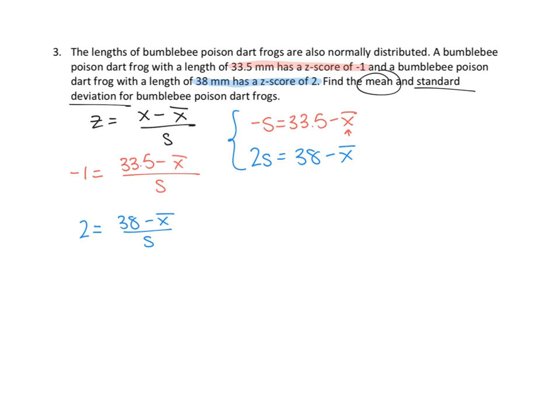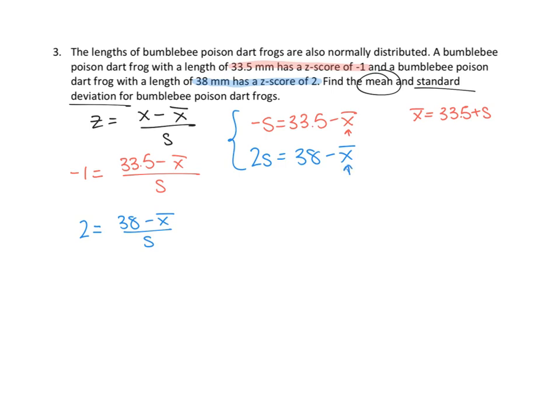So if I isolate that x bar, I would have x bar equals 33.5 plus s. And what I did with that is I plugged that 33.5 plus s into the second equation for x bar.